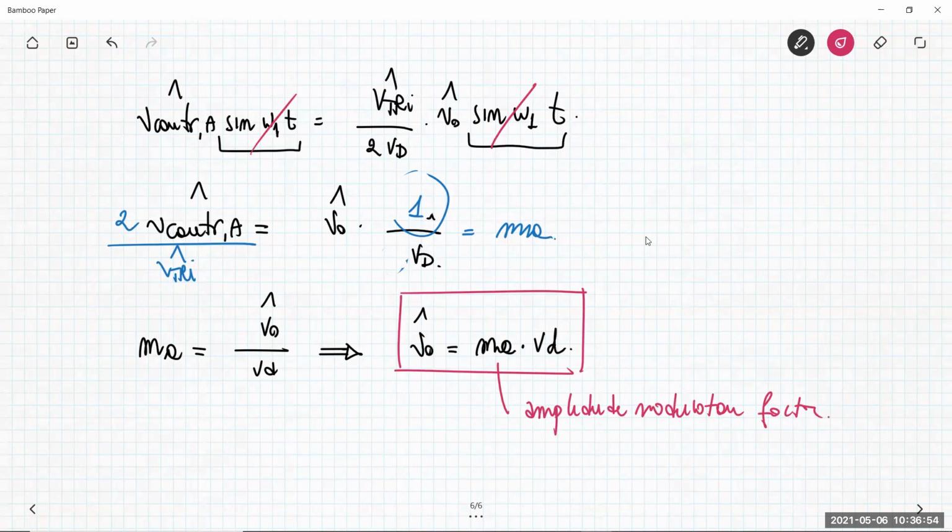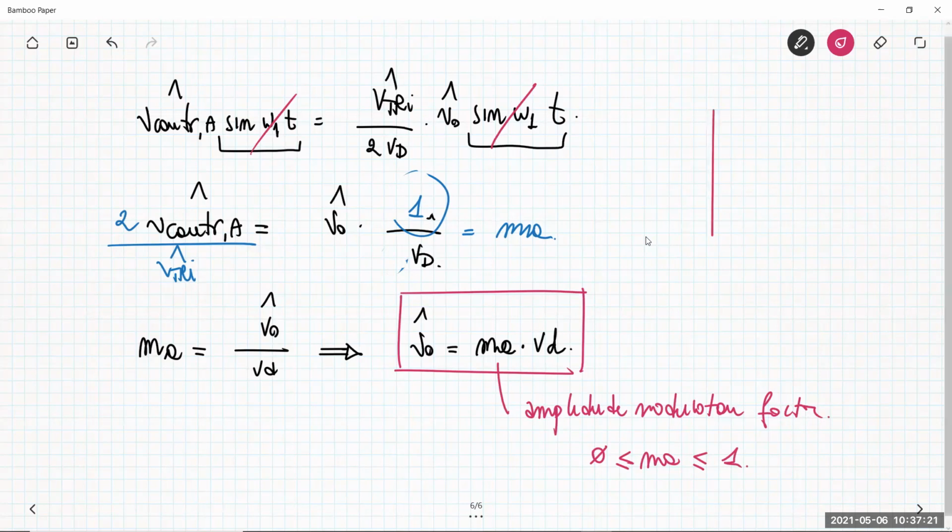It can range from 0, when the control voltage has no amplitude and is a DC quantity, to 1, when the dynamics of the sine wave is exactly the dynamics of the triangular voltage. So we have two different situations.